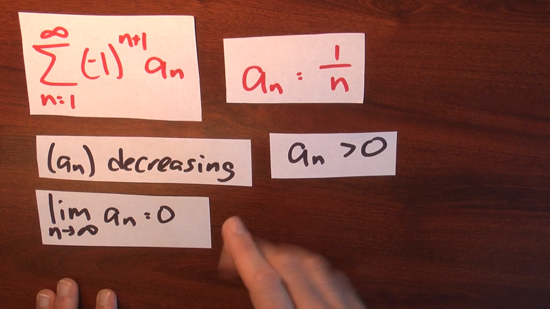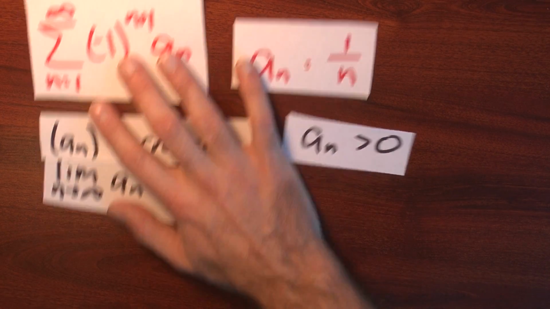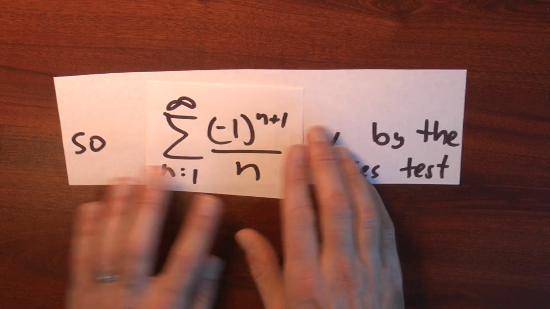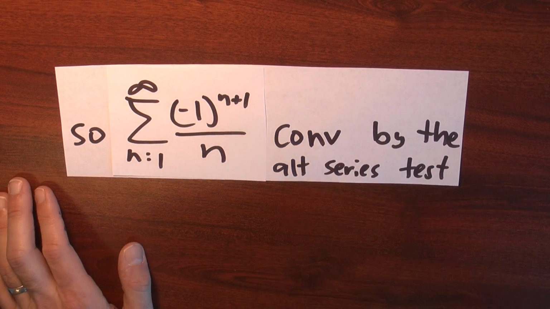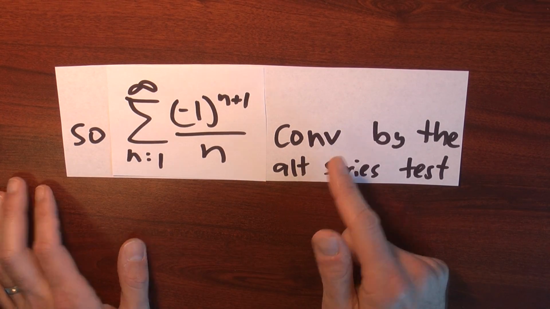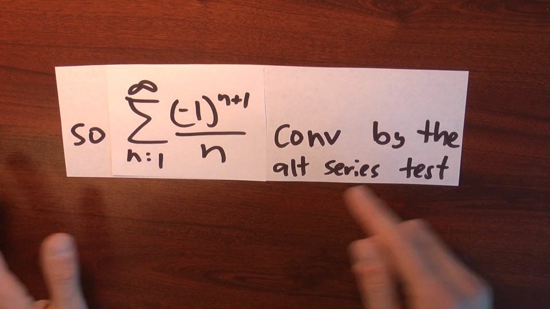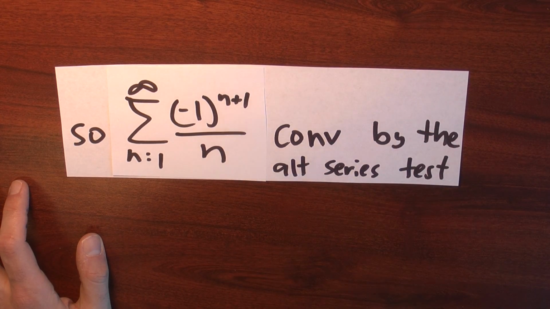And that means, by the alternating series test, the series I'm studying converges. Now, I've just shown that it doesn't converge absolutely, so what the alternating series test is actually showing is that this series converges conditionally.